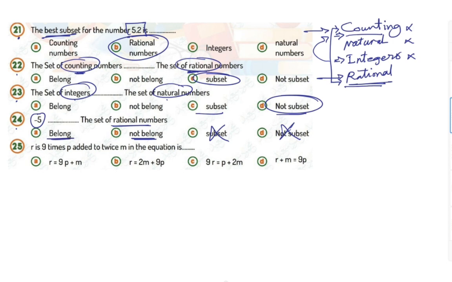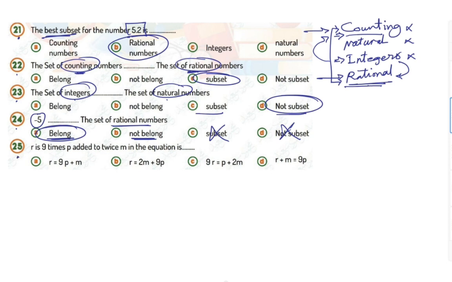Now I have -5 and rational numbers. Is -5 a member of rational numbers? Of course, yes, because negative 5 is a negative integer, and I know that all integers are part of rational numbers. So negative 5 belongs to the set of rational numbers.